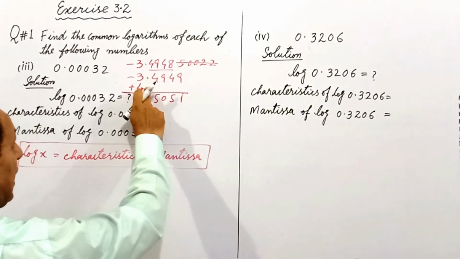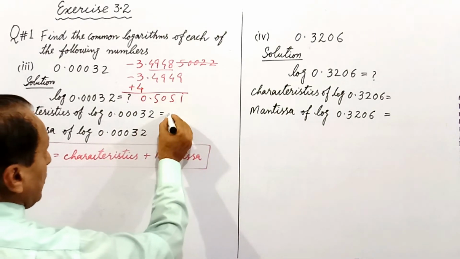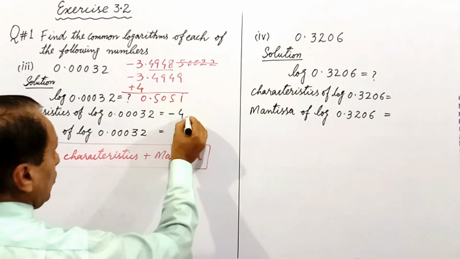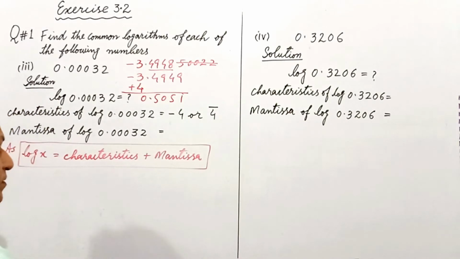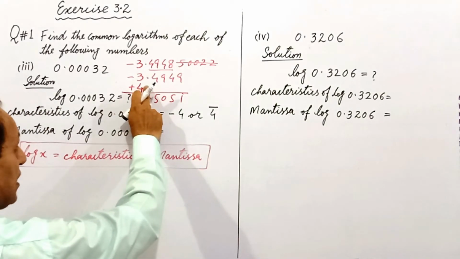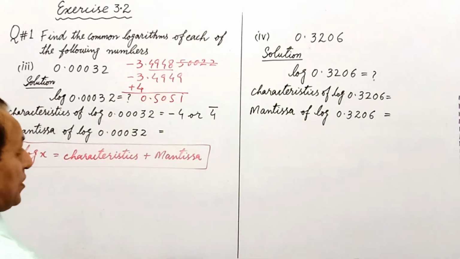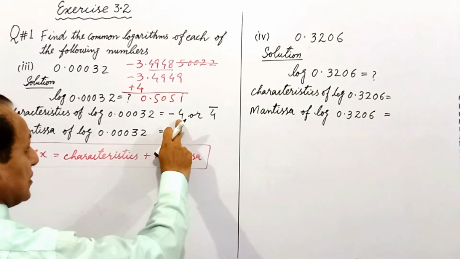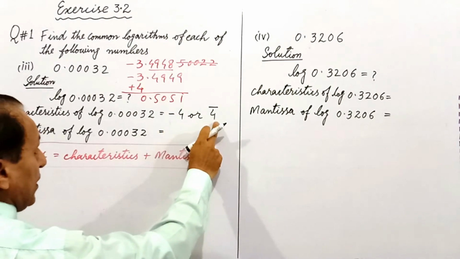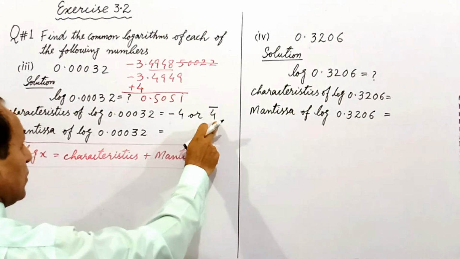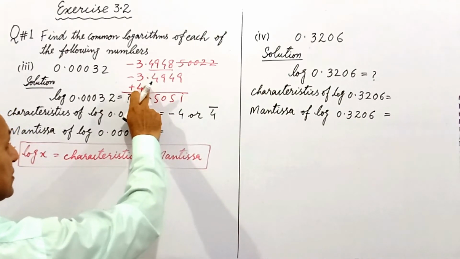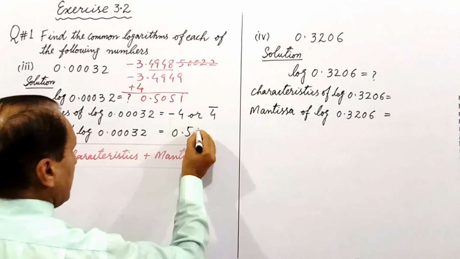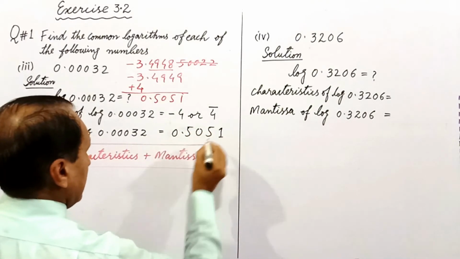The number which is added is the characteristic, and we write it as minus 4 or 4 bar. Remember, the number which is added to make the mantissa positive is written as the characteristic, minus 4 or 4 bar, when using a scientific calculator. And we have the positive mantissa 0.5051.